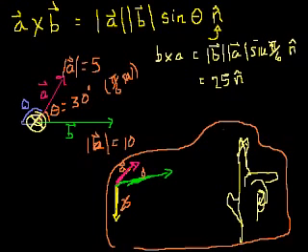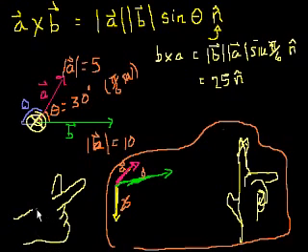So in this example, I take the index finger in the direction of B. I take my middle finger in the direction of A, and then I have 2 leftover fingers there. Then the thumb goes in the direction of the cross product, right? Because your thumb has a right angle right there.